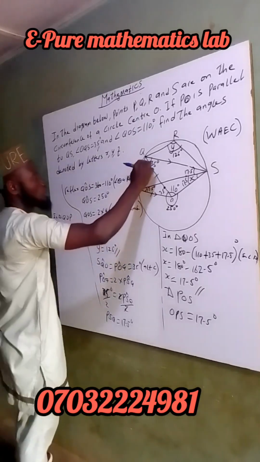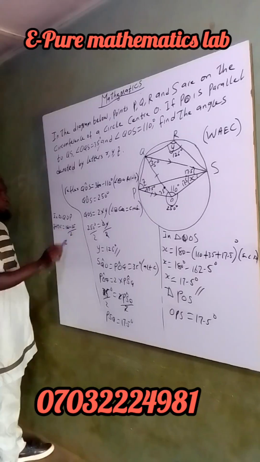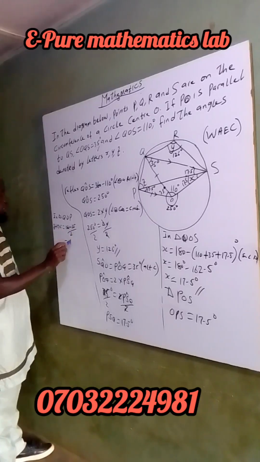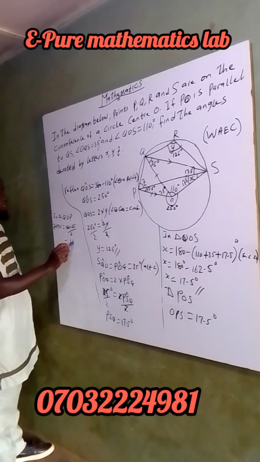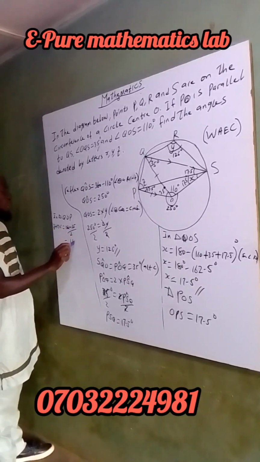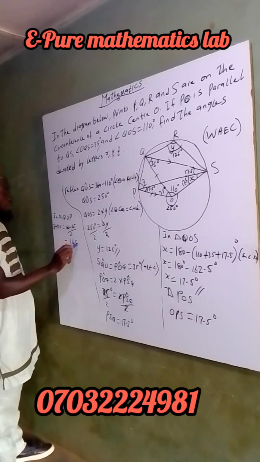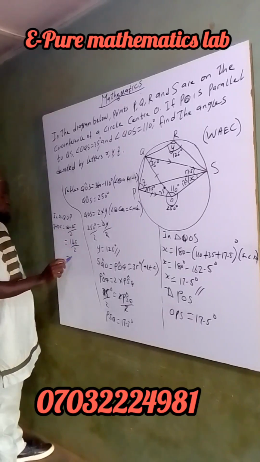Reason: base angle of an isosceles triangle. 180 minus 35 will give us 145. So 145 over 2.